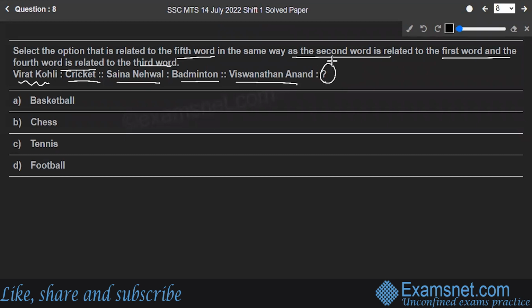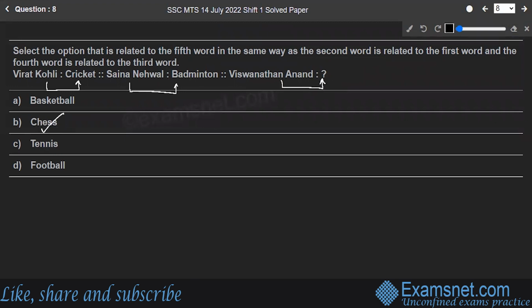These are the players and these are their respective sports. Kohli plays cricket. Saina Nehwal plays badminton. Similarly, Viswanathan Anand plays chess. Option B is the correct answer to the question. Hope you are clear with this. Let's move to the next question then.